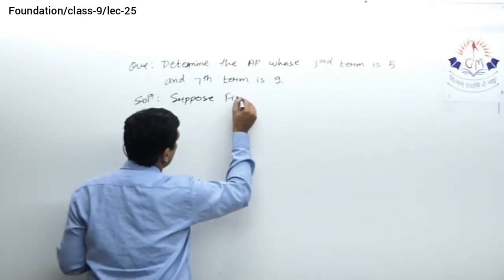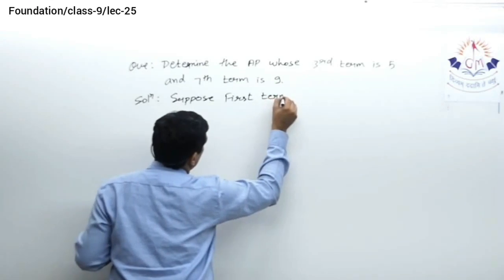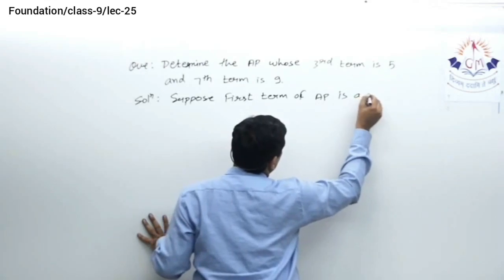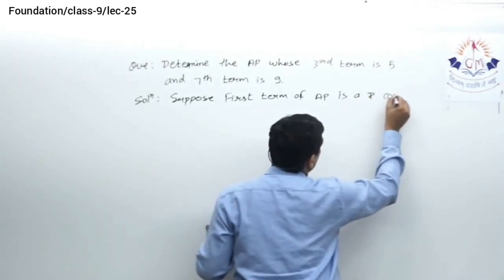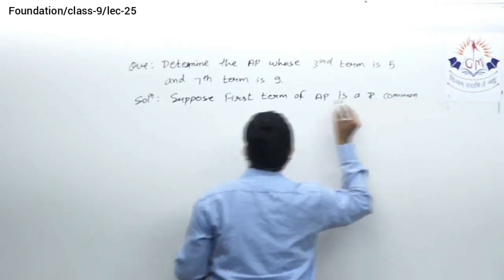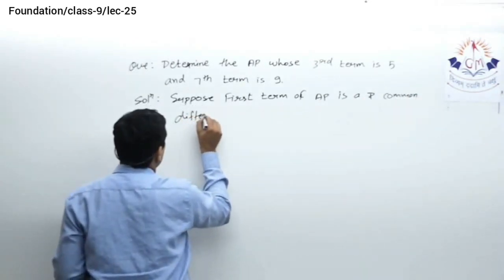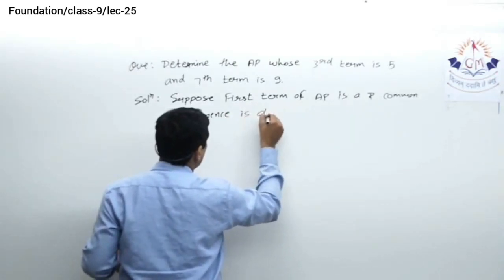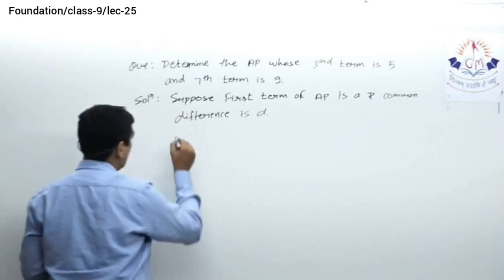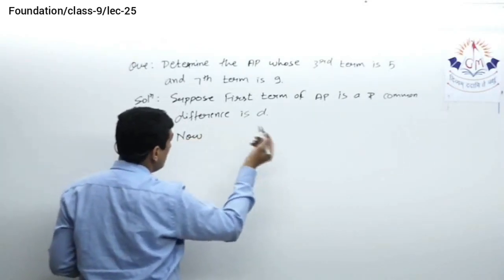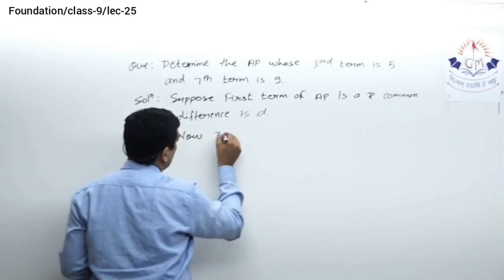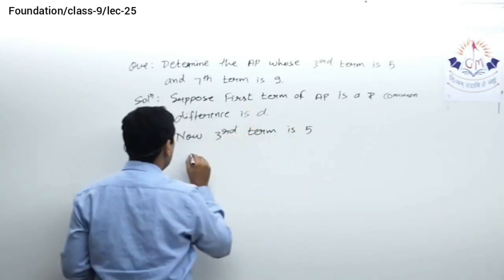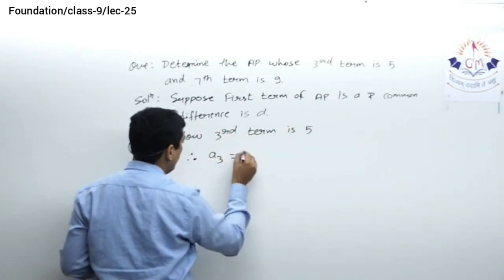Suppose first term of the AP is A and the common difference is D. Now third term is 5, therefore I can say A3 is equal to 5.